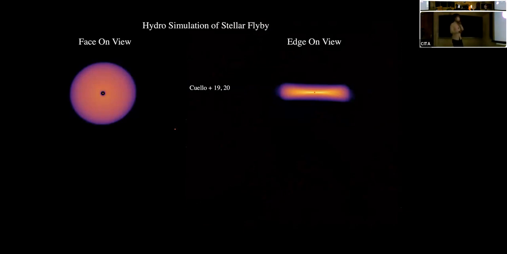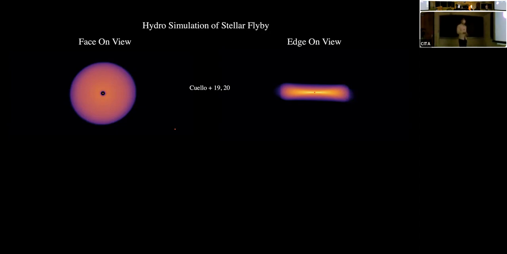On the left, the circumprimary disk is face on, and on the right, the circumprimary disk is edge on. The flyby object is going to come from lower right corner, and the orbit of that object is actually at 45-degree inclination with the primary disk. Although in the face on image on the left, we couldn't quite tell that.